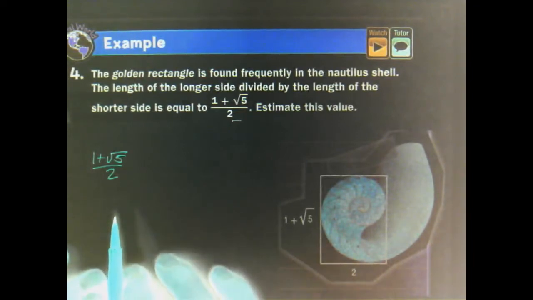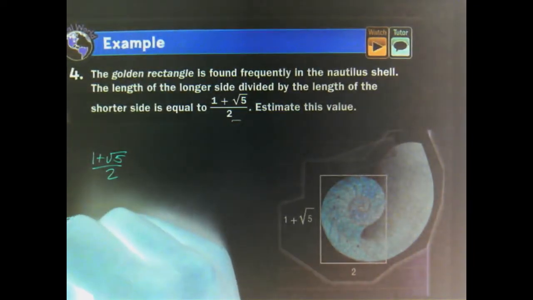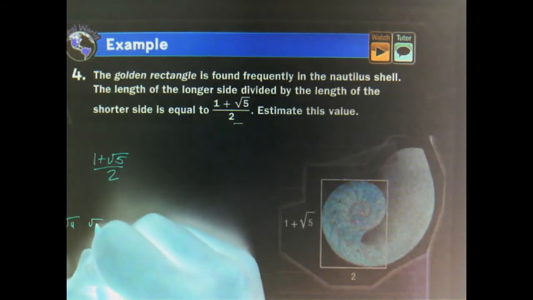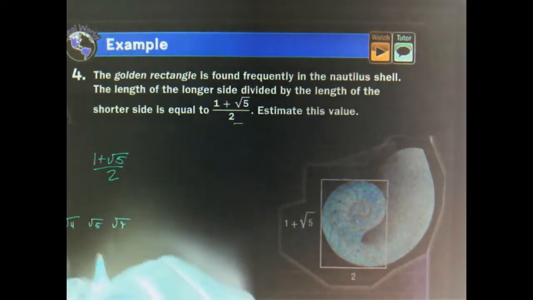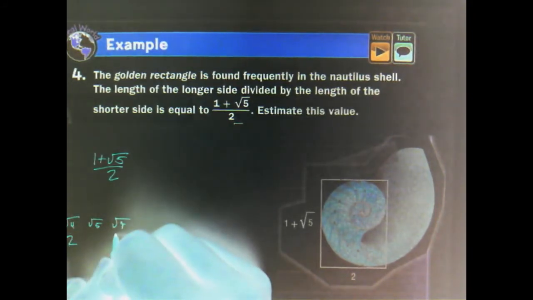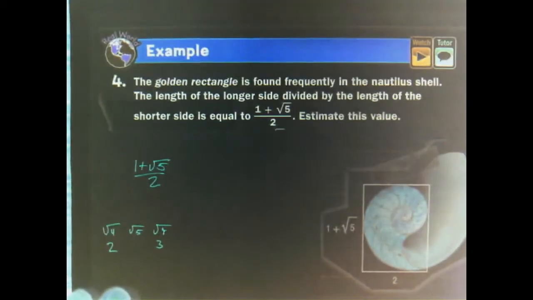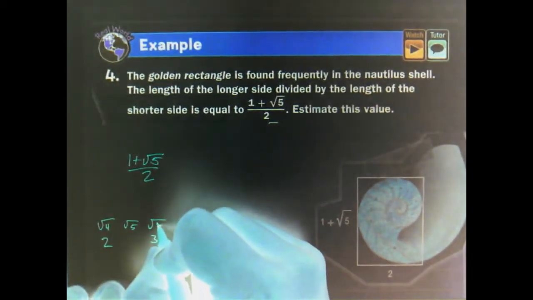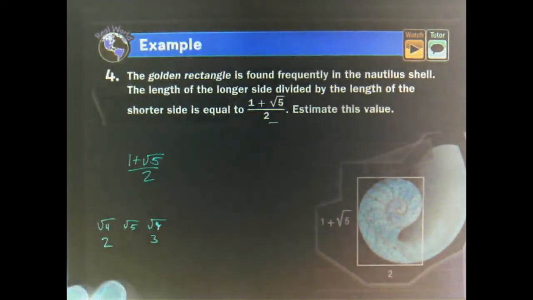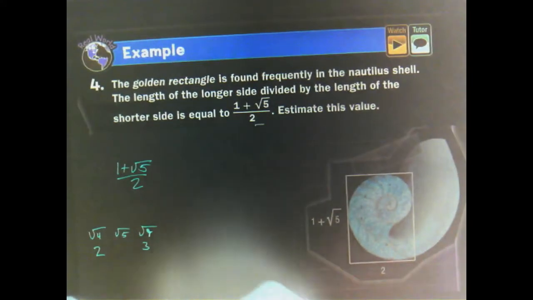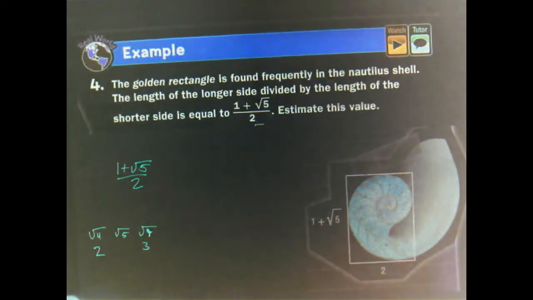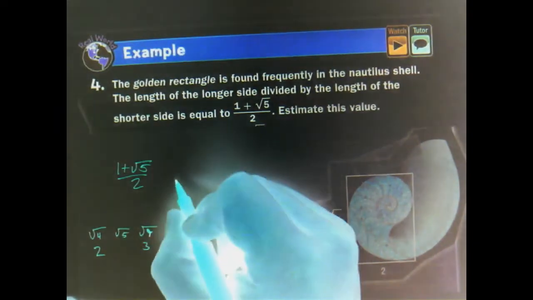So I estimate the square root of 5. Here's the square root of 4. The next perfect square is the square root of 9. Square root of 4 is 2. Square root of 9 is 3. 5 is obviously closer to 4 than it is to 9, so I know it's going to be closer to 2. So I can estimate this as 2, or if I wanted to be a little more accurate, I could do 2.1.